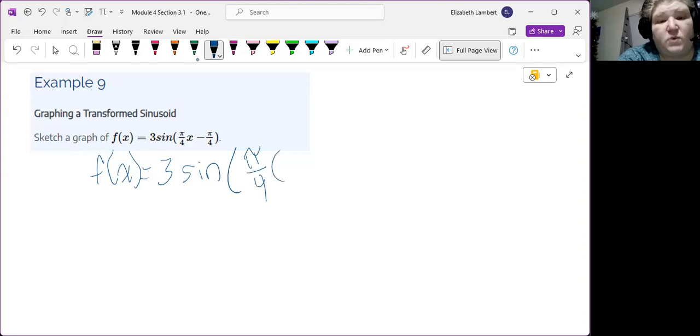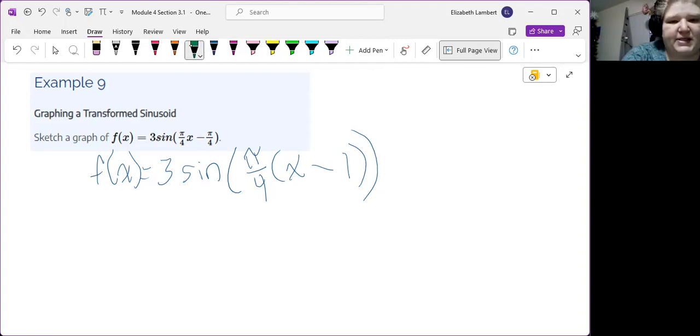So that is what we will factor out, minus the entire pi over 4 came out. So if I wanted to multiply back, I'd have to have a 1 there as a placeholder. All right, so my b value has a pi in it. So that means my period is not going to be in terms of pi, it's going to be in terms of numbers. So it'll look a little weird.